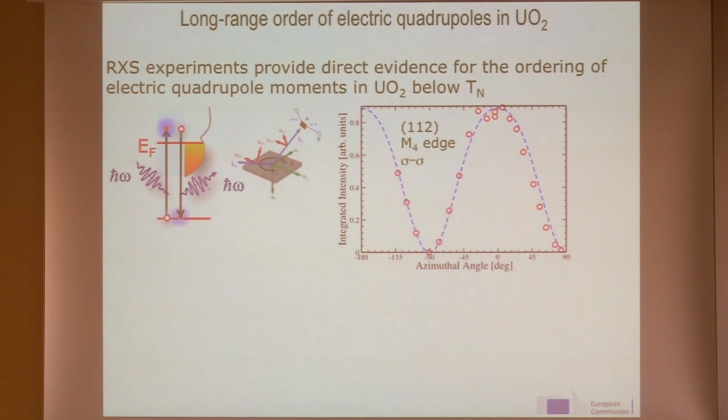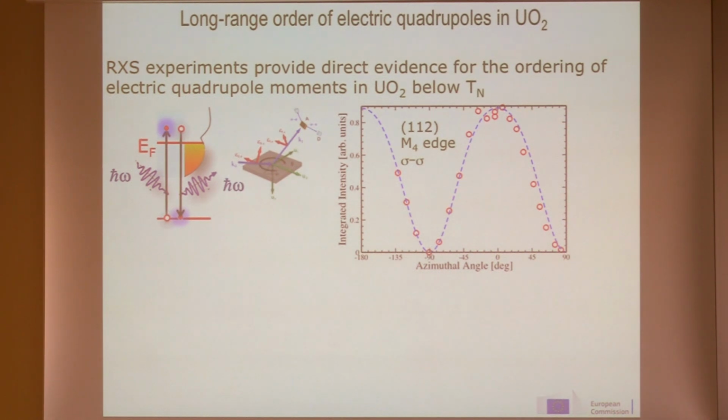I mean that the intensity changes in a different way when you change the direction of the linearly polarized photon and analyze the polarization of the linearly polarized diffracted photons. So you can do polarization analysis of the incident and scattered beam and also have a way to distinguish what happens.